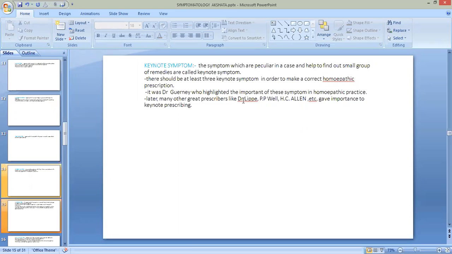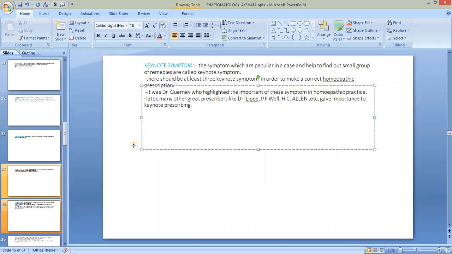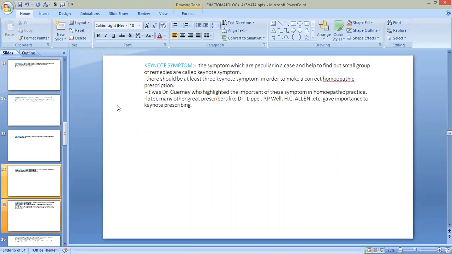The keynote symptoms are especially helpful in acute conditions, because with their help we can easily find out the similimum within a short period. In an acute condition of the patient there is less time, and within less time we have to find out the exact similimum.